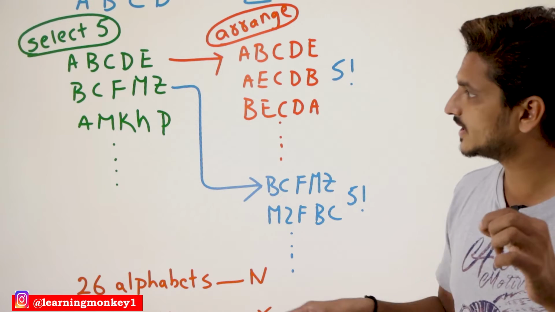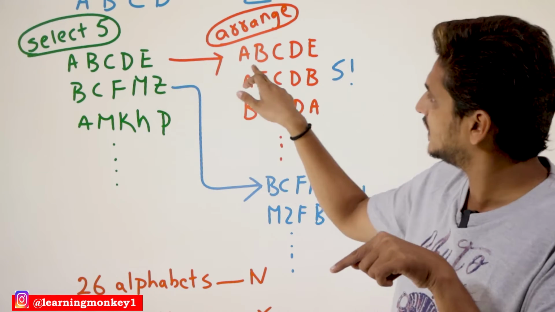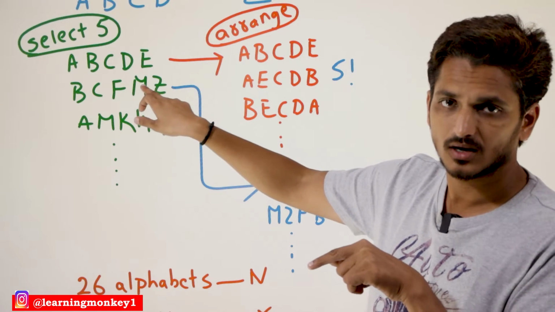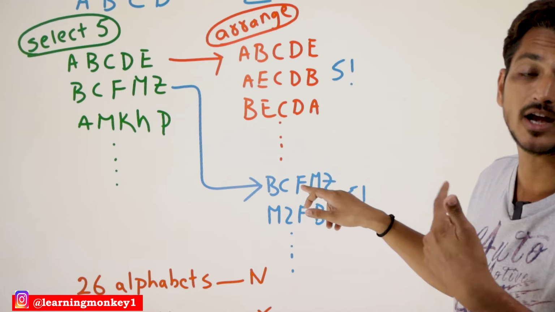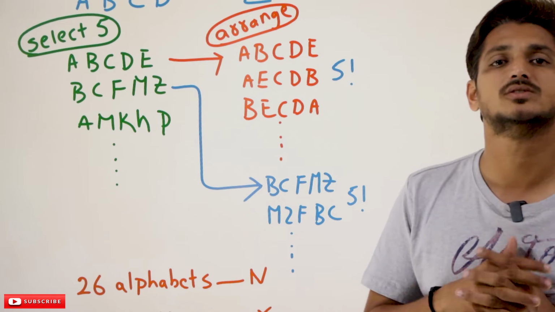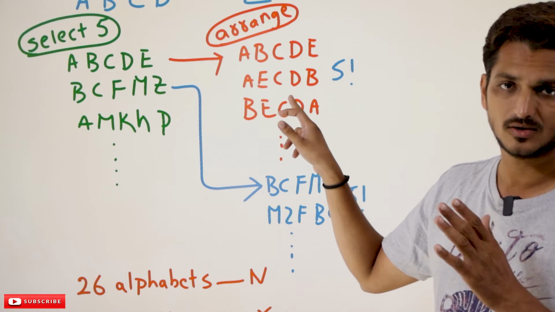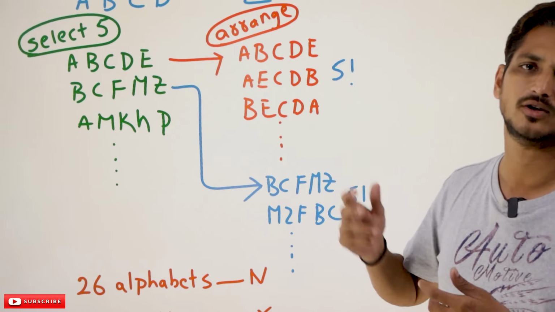The important point here is, you selected one. These selected 5 alphabets can be arranged in 5 factorial ways. You selected a second option. These selected 5 alphabets can be arranged in 5 factorial ways. How did we get this 5 factorial? Discussions were made previously. 5 alphabets, you make the arrangements in 5 positions. How many ways are you going to do it? 5 factorial ways.